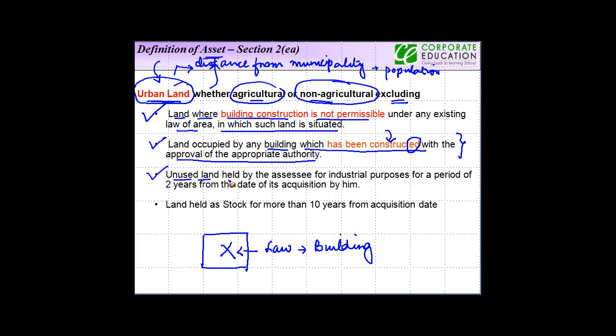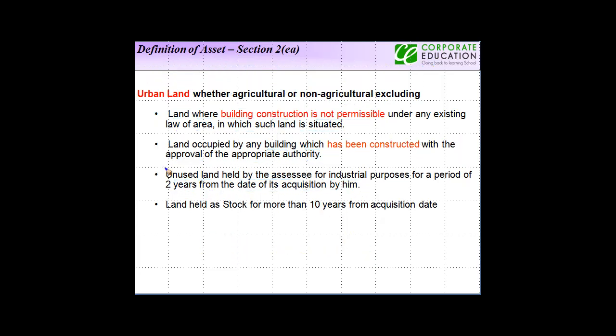Unused land held by the assessee for industrial purposes for a period of 2 years from the date of its acquisition by him. Now let's see what does fall under this clause. Let's say there was a piece of land, A bought it on 1/1/2010.